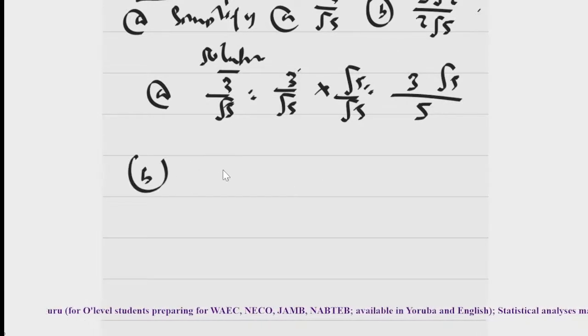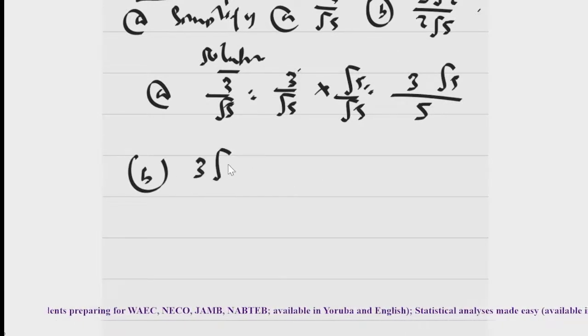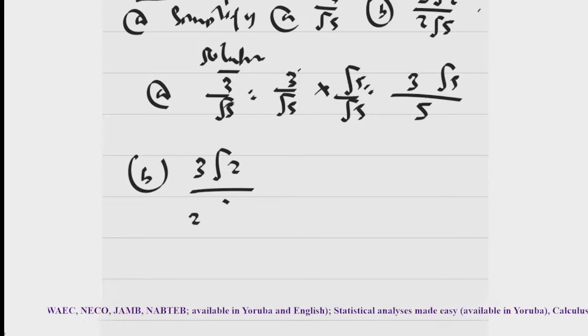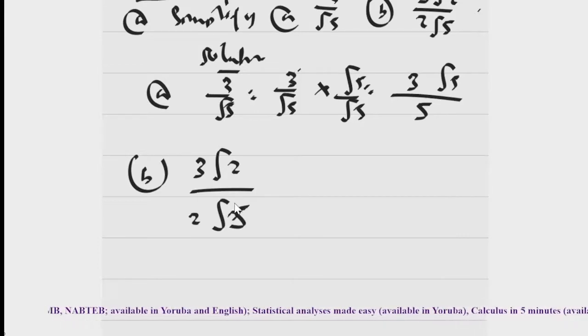Okay, the second example, I have 3 root 2 divided by 2 root 5. That's not difficult to do. Can we express this in its simplest form? It's already in its simplest form. But you have to rationalize this denominator. You get rid of this radical. How do you do that? You multiply by that number inside the radical again.